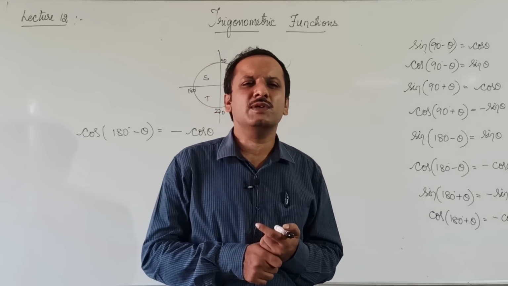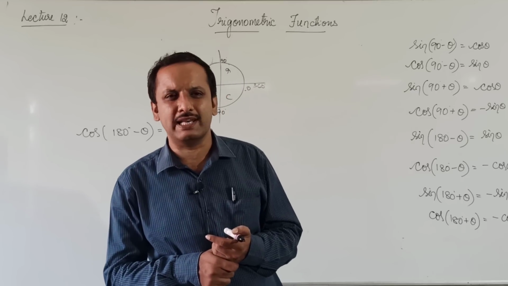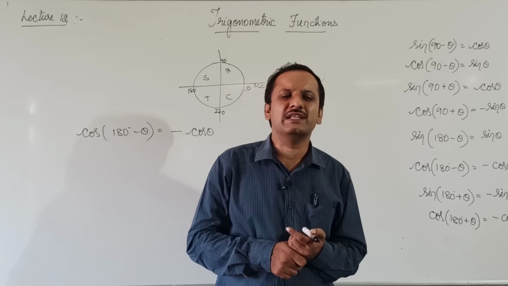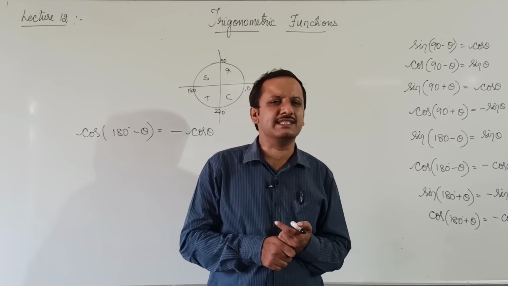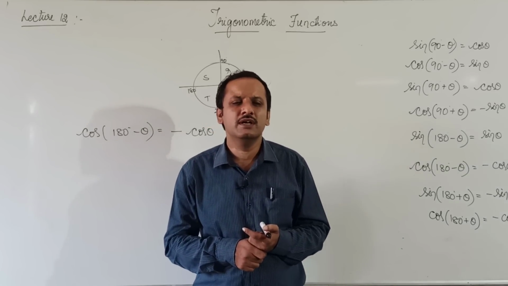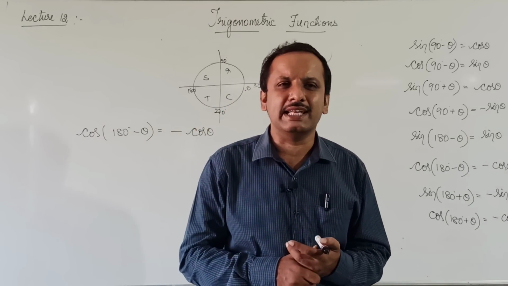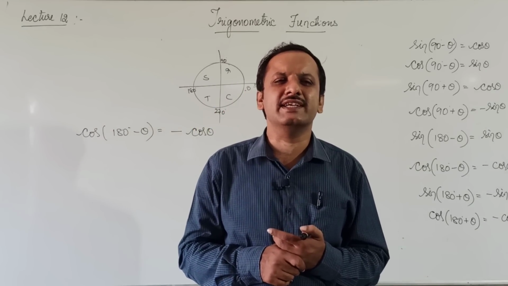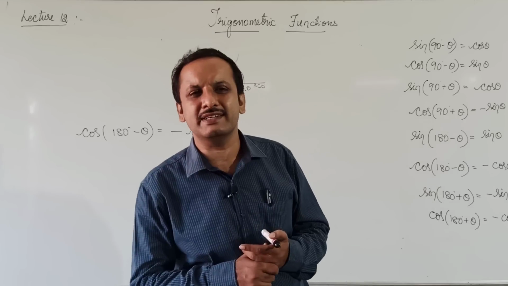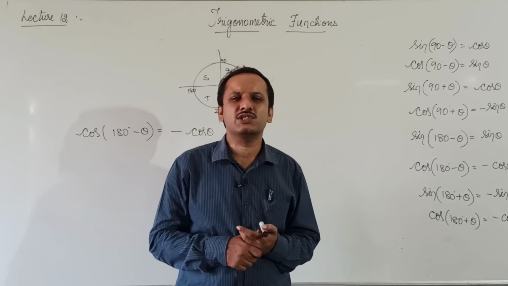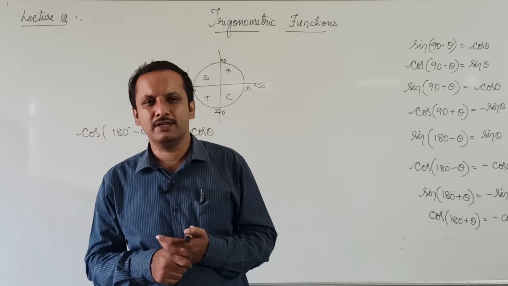After that, if you are using the horizontal line, that is, if you are using 180 minus theta, 180 plus theta or 360 minus theta, if you are using any one of those, then retain the same function. And if you are using the vertical line, that is, if you are using 90 minus theta, 90 plus theta or 270 minus theta and 270 plus theta, then write its co-function. Okay, that's the rule.